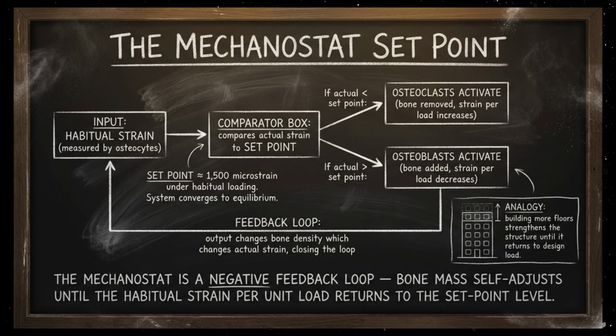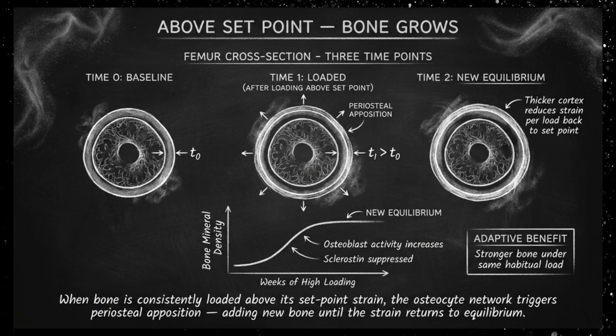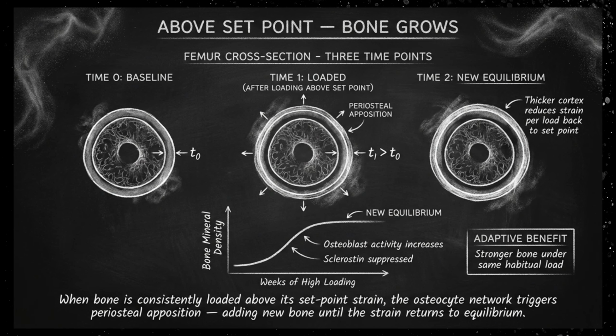The streaming potential mechanism was characterized experimentally by Steven Cowin and colleagues at the City University of New York in a series of papers from the 1990s. Cowin's group solved the coupled poroelastic equations governing fluid flow through the lacuno-canalicular geometry and showed that at canalicular flow velocities produced by ordinary locomotion, streaming potentials would reach magnitudes of 1 to 10 millivolts at the osteocyte cell membrane.